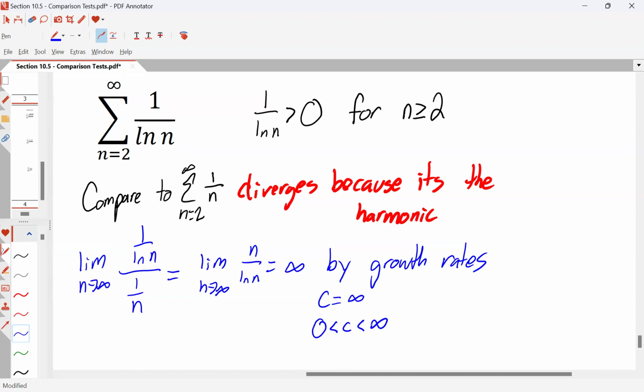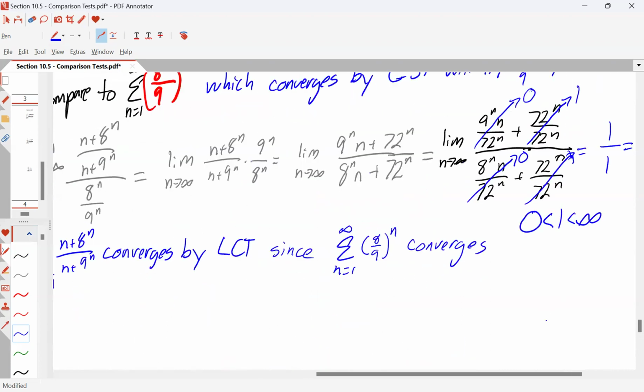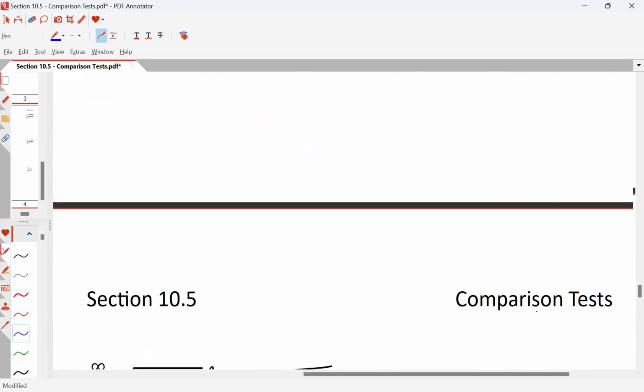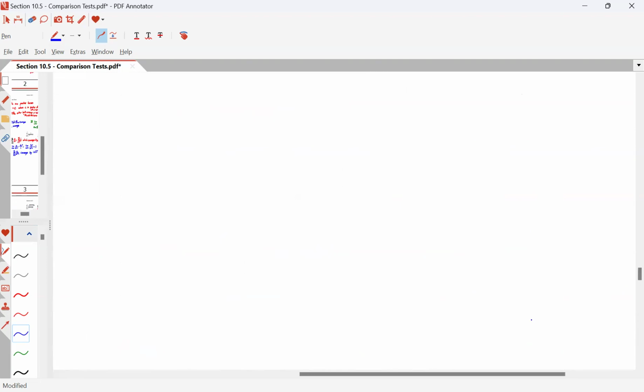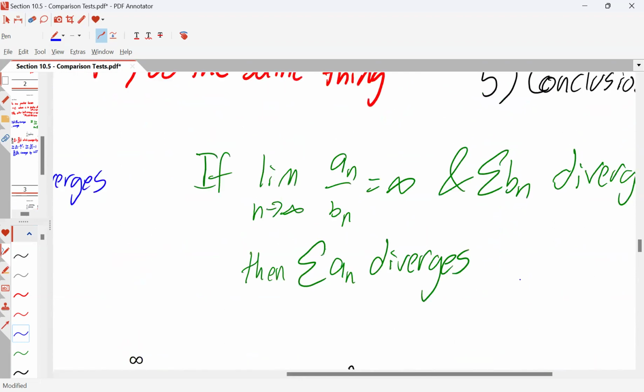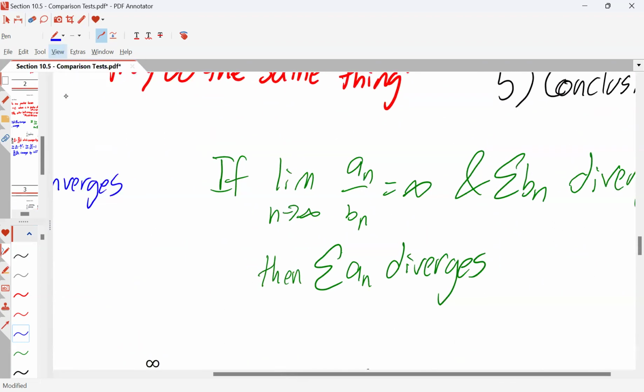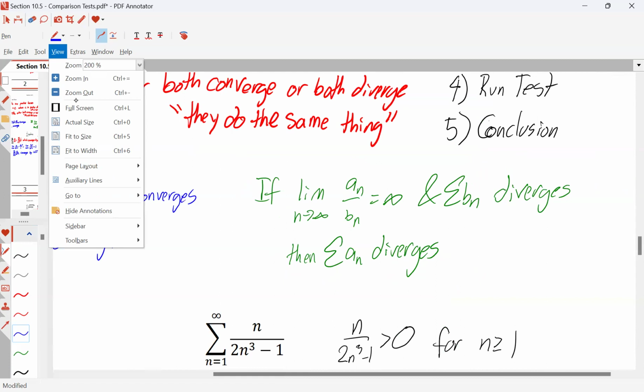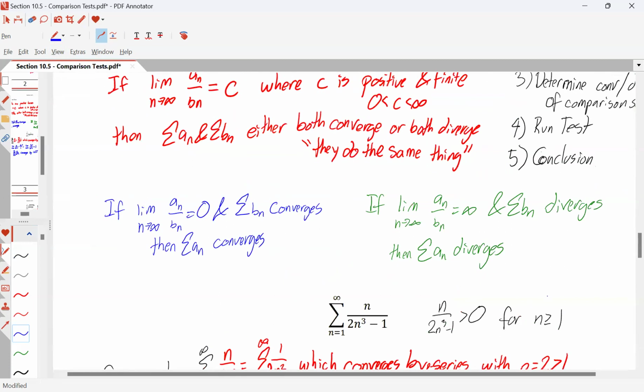However, since we got infinity, what we want to do is check: is this one of our special cases? I'm going to go up to our special cases, zooming out. They say that if we get a limit of 0 and the series we're comparing to converges, then the series we want to know about converges.